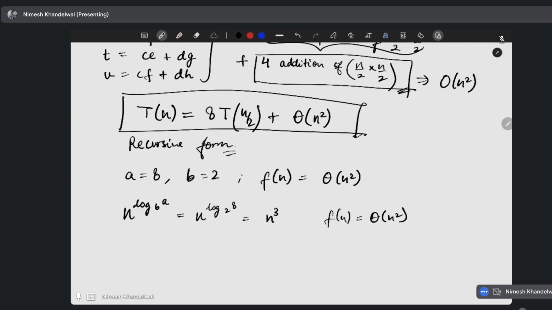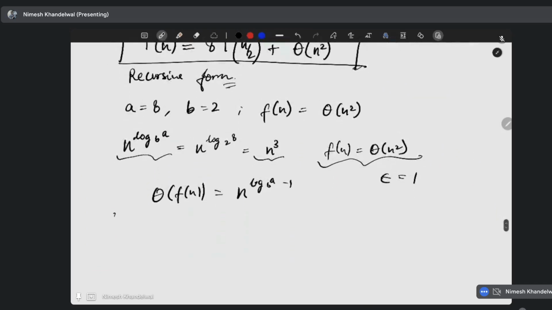So clearly f(n) grows polynomially slower than n to the power log a base b with an epsilon of 1, so f(n) is order of n to the power log a base b minus 1.